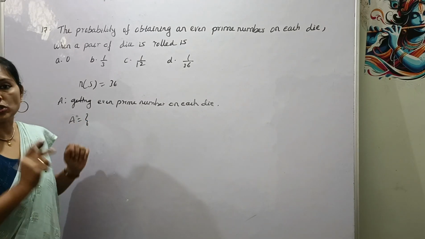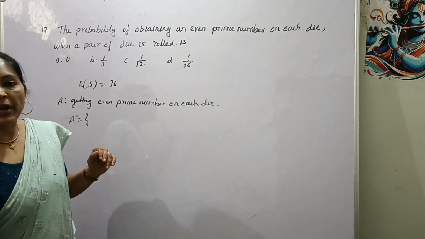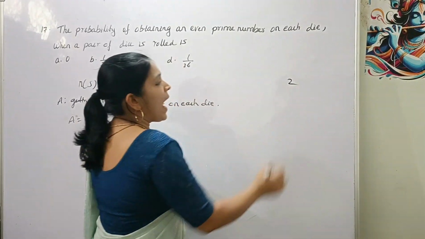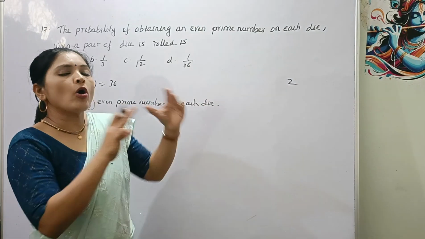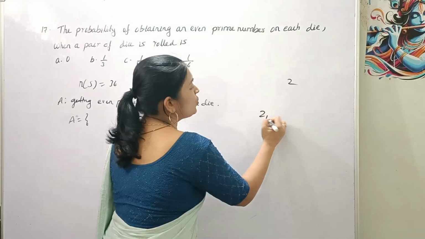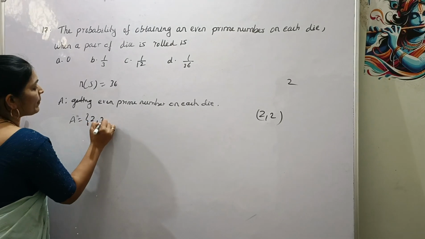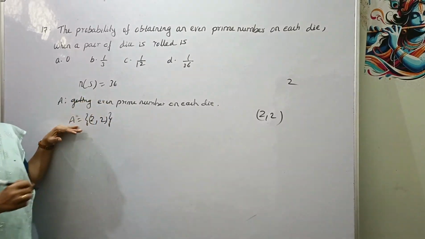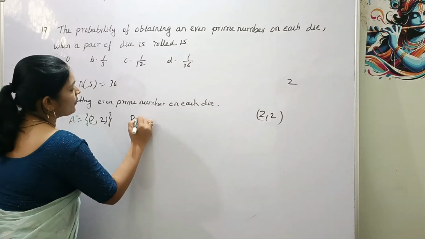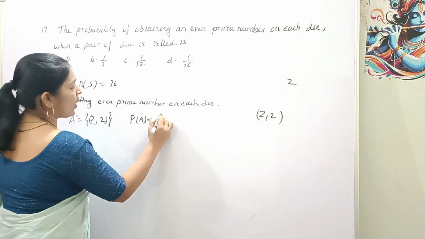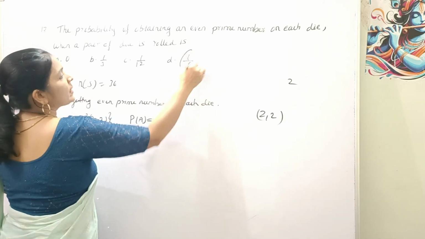There is only one possibility, 2, because 2 is the only even prime number. So set A has only one element. Therefore, probability of A is equal to 1 divided by 36. So it is the correct answer.